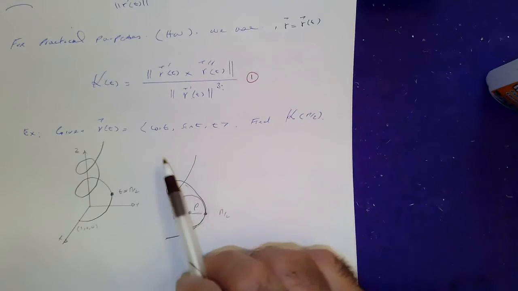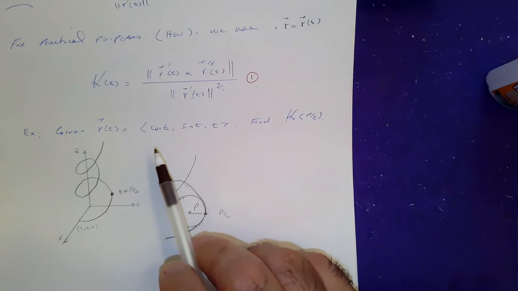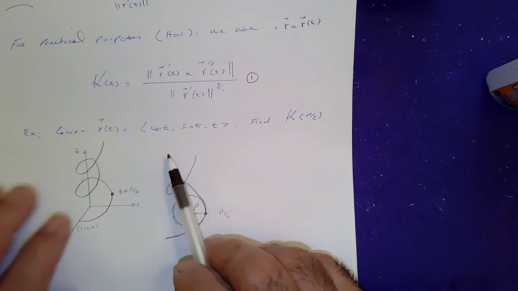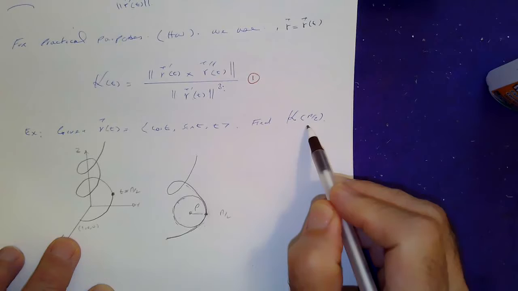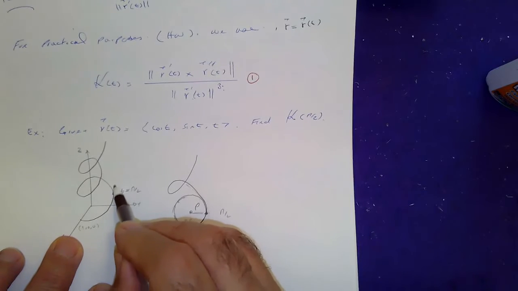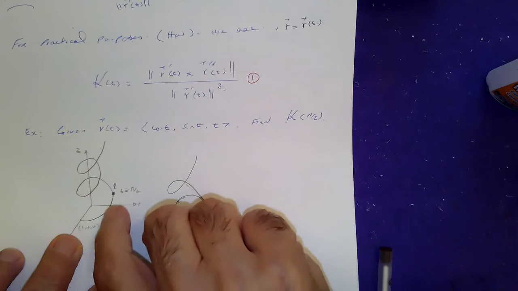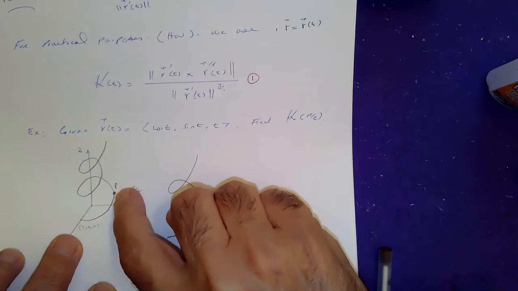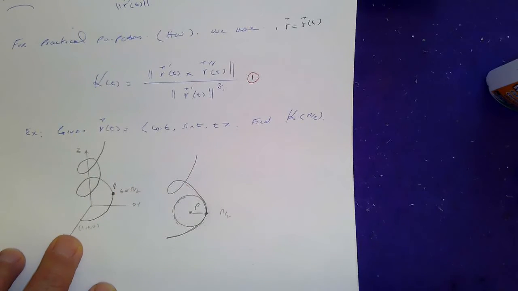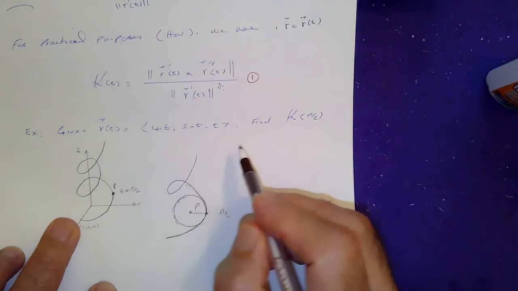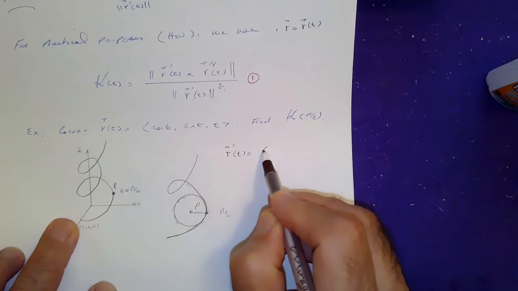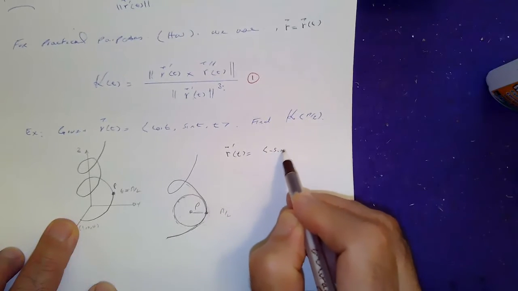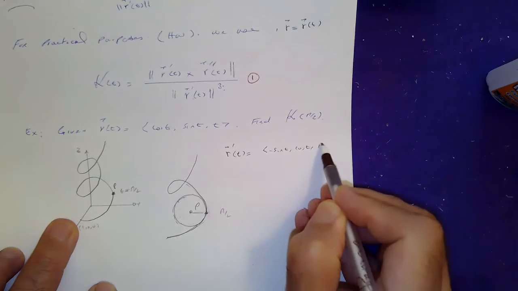Let's go back to our good old example here, which is once again the helix. We'd like to know what the curvature is at this point. In other words, how much bend do you have right here? To do that, I need to use this formula. So r prime of t is minus sine t, cosine t, 1.